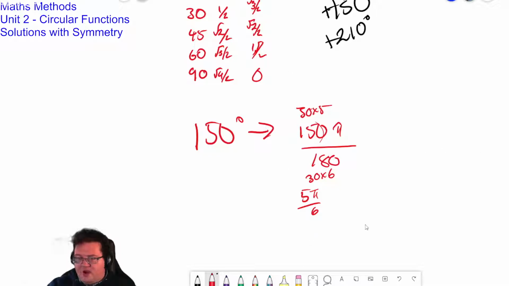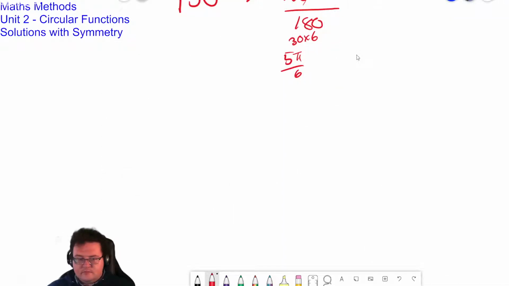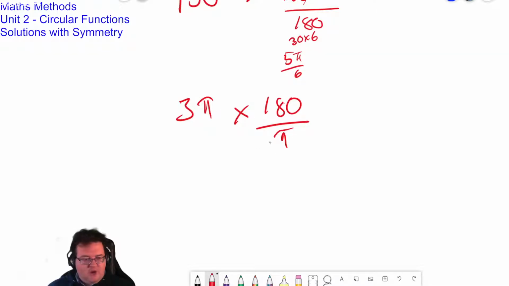If I want to go backwards and go back to degrees, say for example I've got 3 pi, I would times it by 180 over pi. The pi's cancel out, and I'm left with 3 times 180, which is, sorry, not 700, not 720, it's 540.